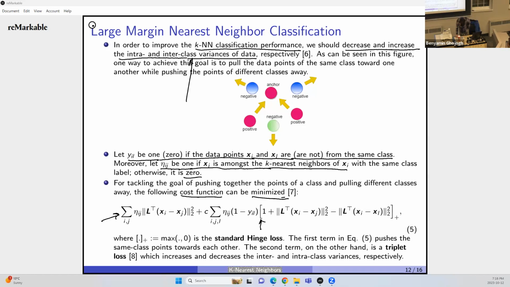This bracket and bracket plus, I'm defining it here. It's the maximum of the input and 0. So whatever comes inside the bracket, it's the maximum of this and 0. So basically, if what is inside the bracket becomes negative, the output becomes 0. Otherwise, if it is non-negative, it becomes exactly equal to the input. It's called a standard hinge loss. We have seen it.